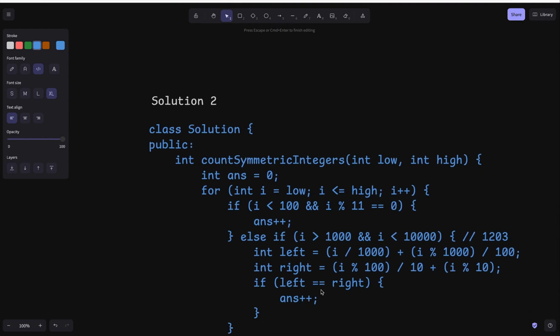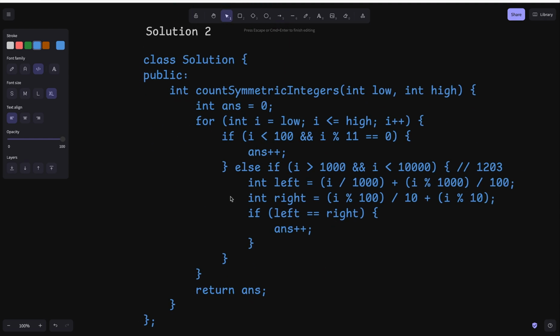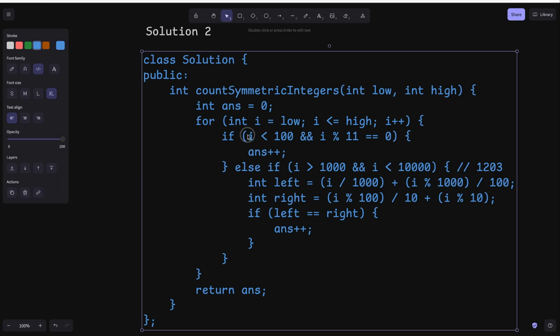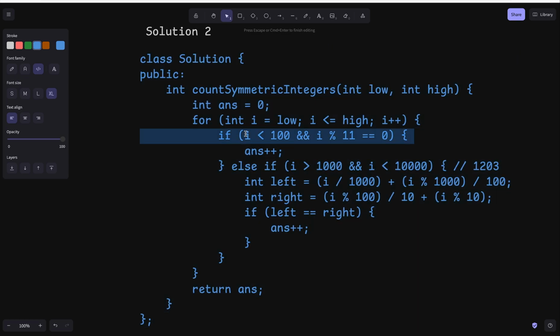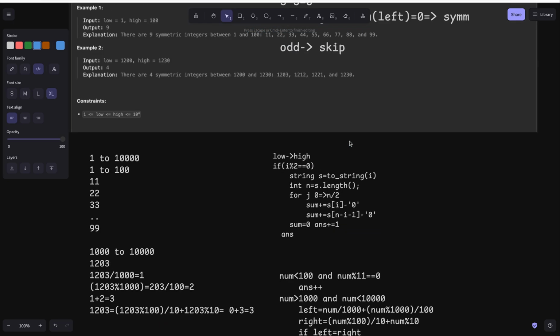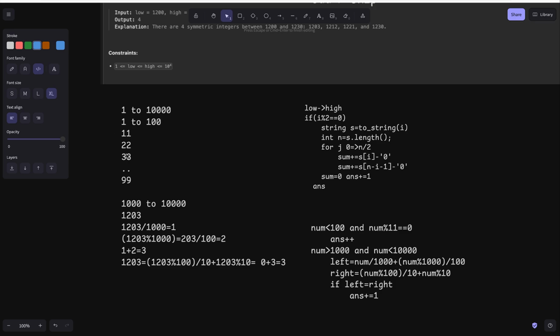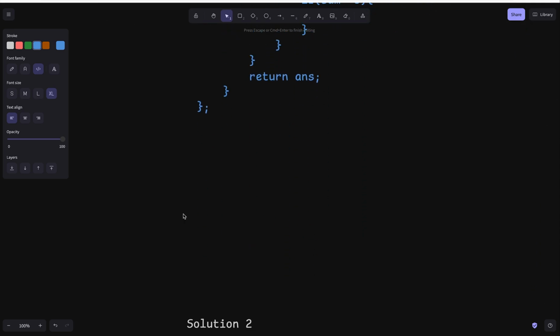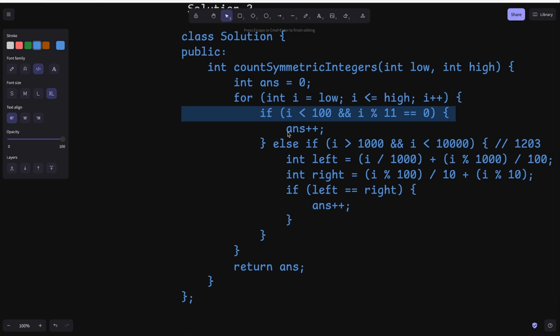Now going to solution 2, which we discussed now. We will see if i is less than 100 and divisible by 11, because all the series we talked about were divisible by 11, as you see, 11, 22, 33, 99, and then we would increment the answer because this is a symmetric integer.